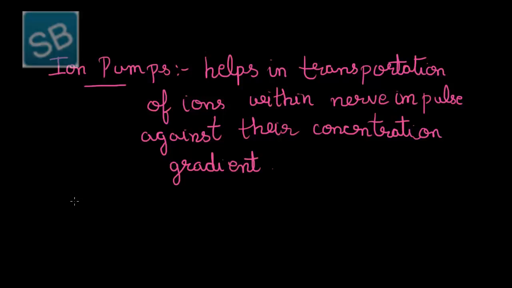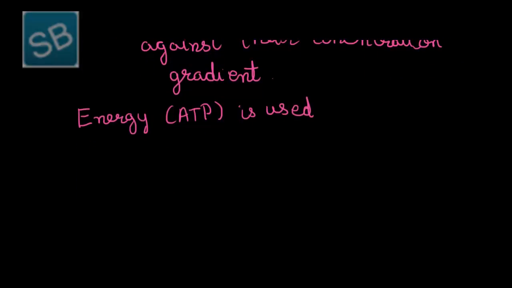For the formation and processing of these ion pumps, energy is used. This energy is generally in the form of ATP. The most common pump that is used in the conduction of nerve impulse is the sodium-potassium pump.